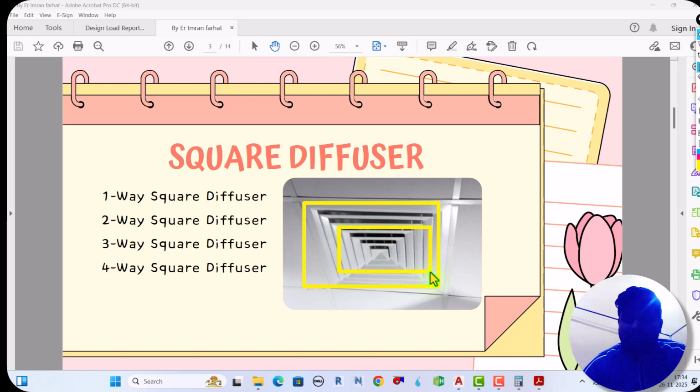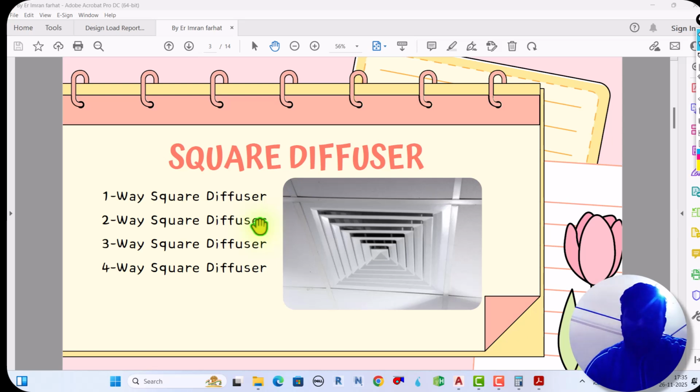So I have to select a square diffuser. Second, this is also a type of diffuser, a type of air terminal you can say. First is the square diffuser.